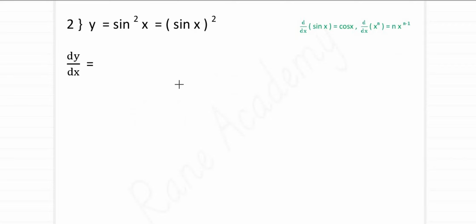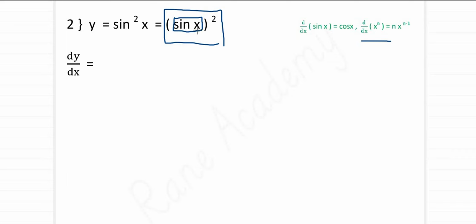In question number 2, y is equal to sin square x, which can be written as sin x whole square. Here we have an outermost function that is sin x whole square, which is comparable with x raised to n. Inside that we have one more function that is sin x. So we differentiate the outermost function first and then the innermost function.